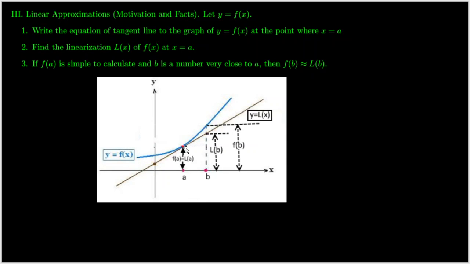I'm talking about this point. This point has x coordinate of a, of course, and then the function has the equation of y equals f of x. So this point has x coordinate of a and y coordinate f of a. I'm going to write it down. Okay. This point has x coordinate of a and the y coordinate of f of a, right?